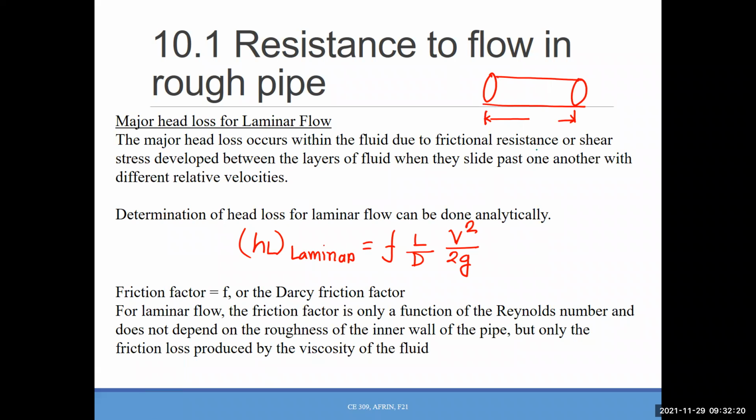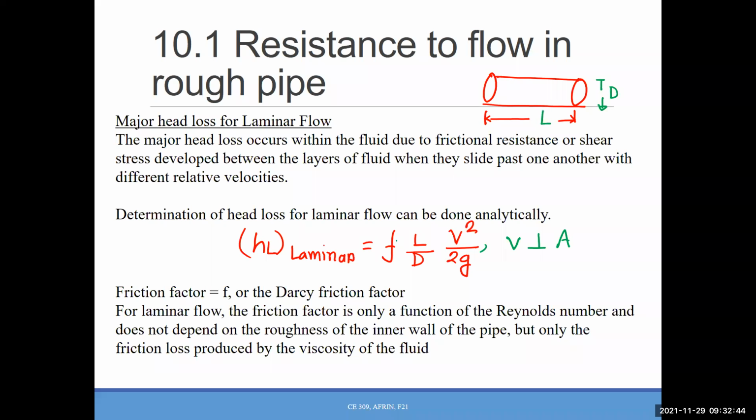No, f is just some parameter here. Okay, and D is the diameter or depth, right? g is what? And V is any type of velocity, or the velocity perpendicular to the area, right?